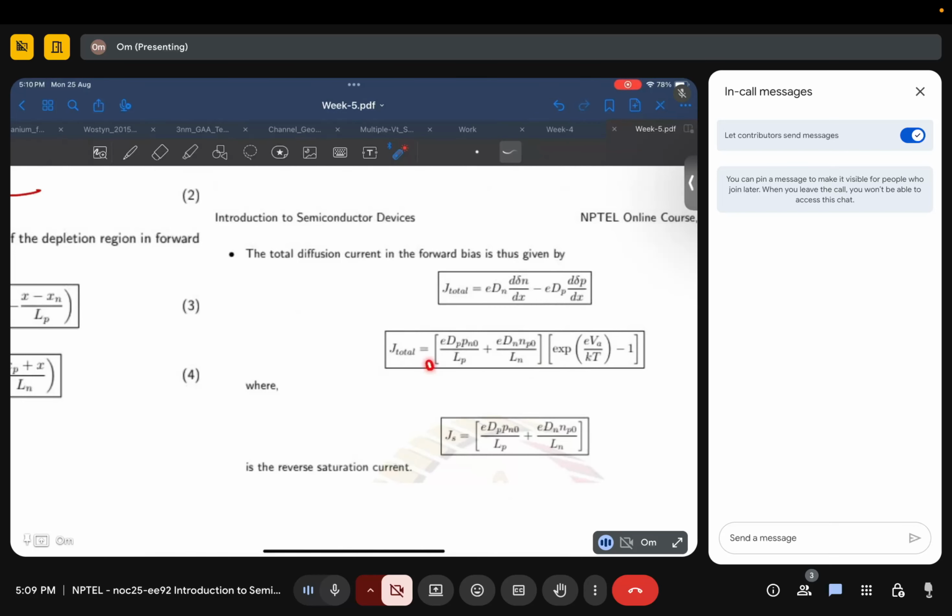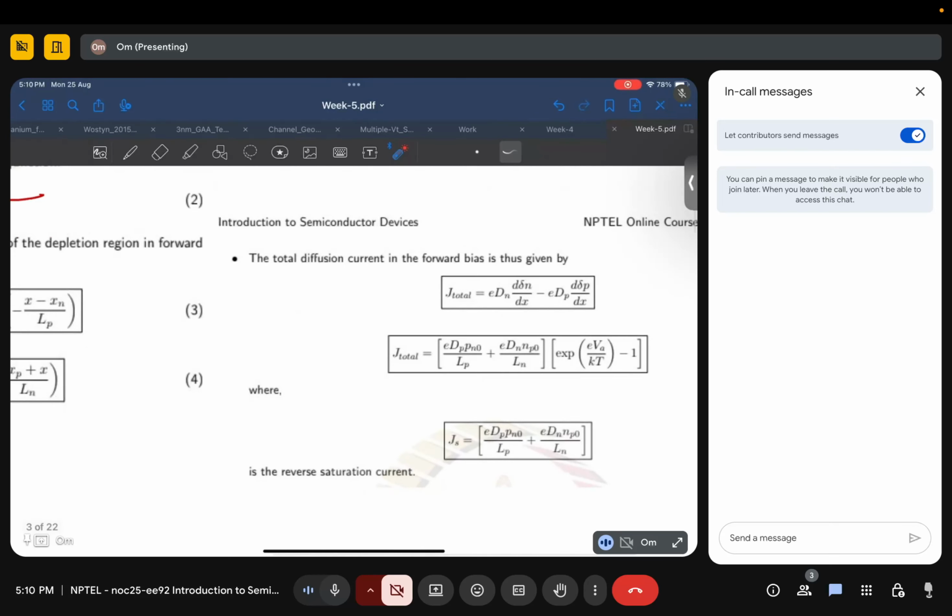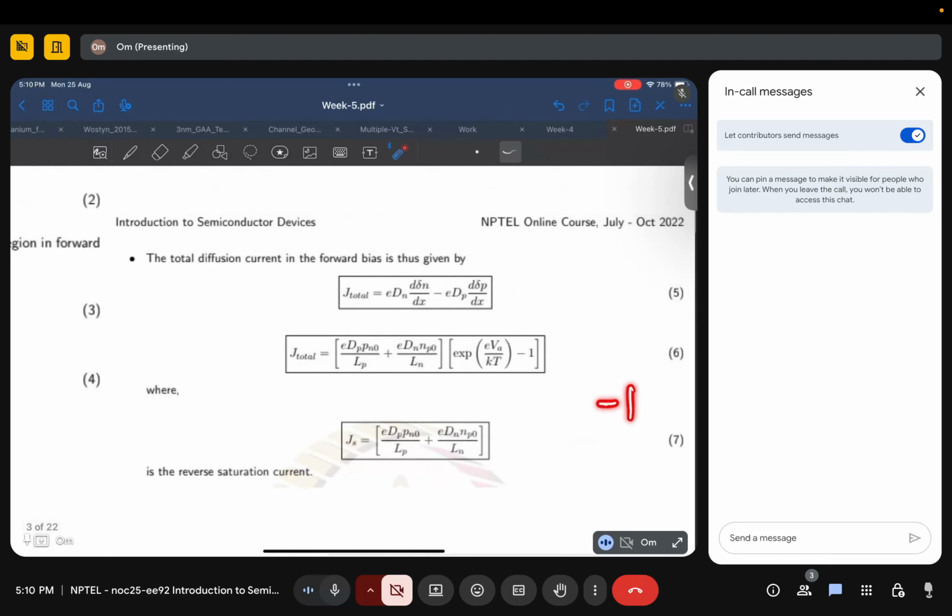And here this part is your reverse saturation current. So your J total is Js times exponential of QVA by KT minus 1, which is the equation of current that you already know.